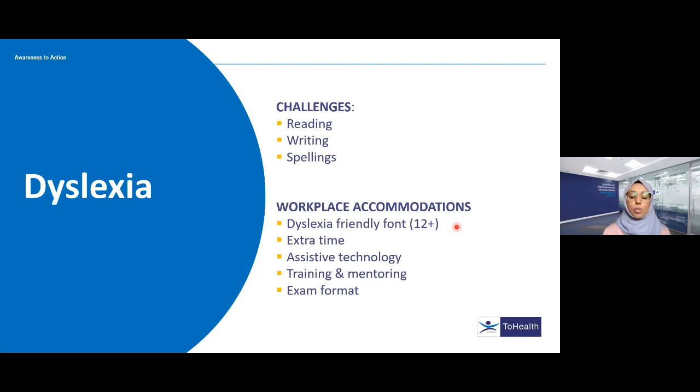So this is anything that's 12 or more. So where the letters you can clearly differentiate between. So Calibri, Arial, Times New Roman are good, but there are some sort of dyslexia specific fonts, so something like Open Dyslexic, and that's usually a Microsoft add-on that you can download.